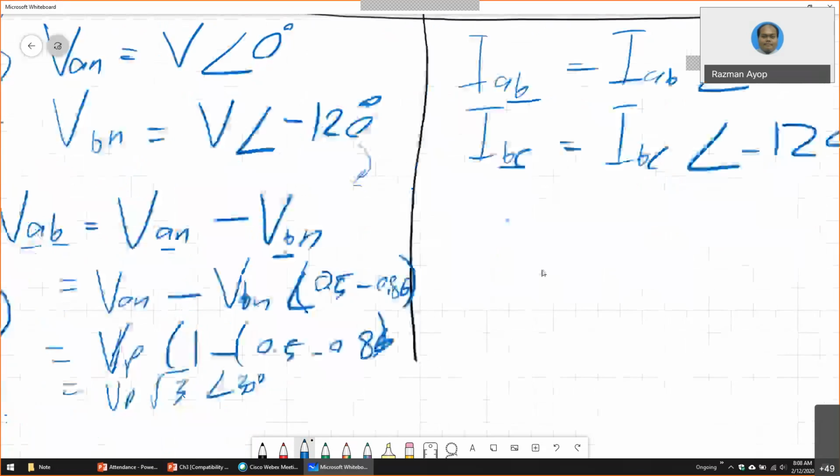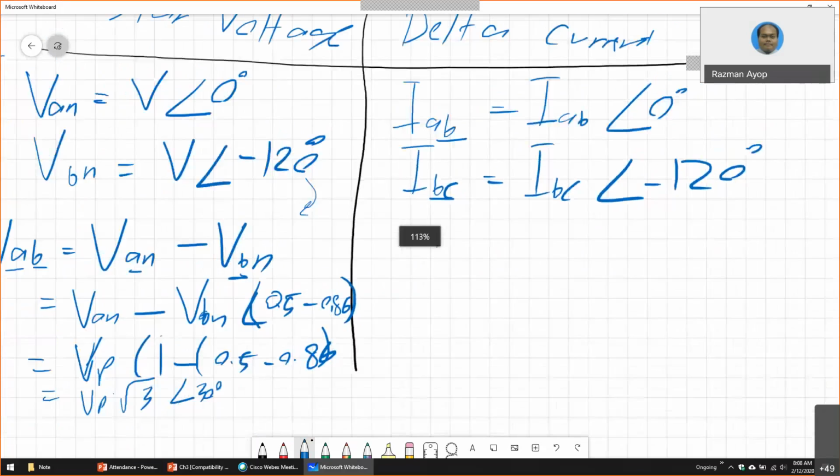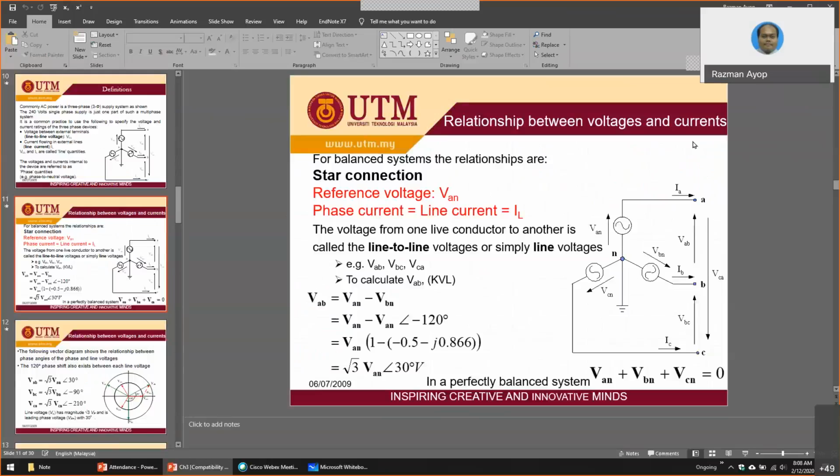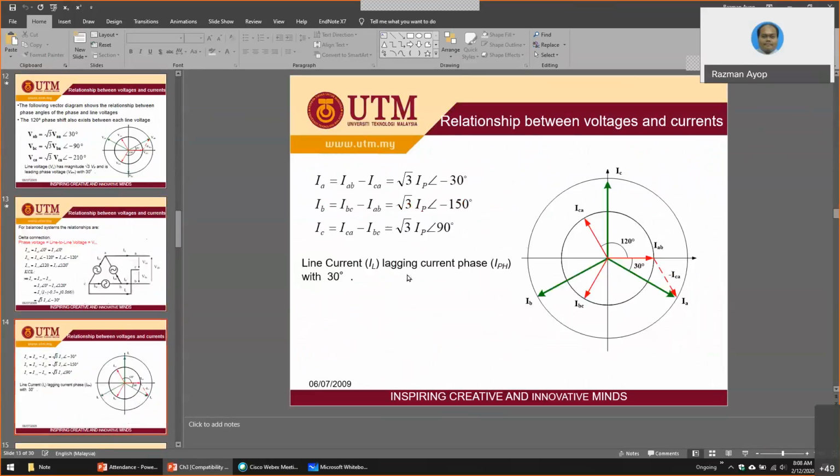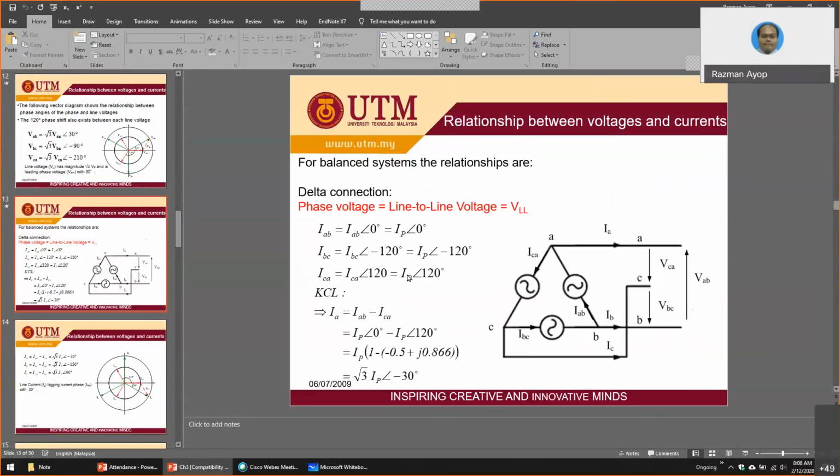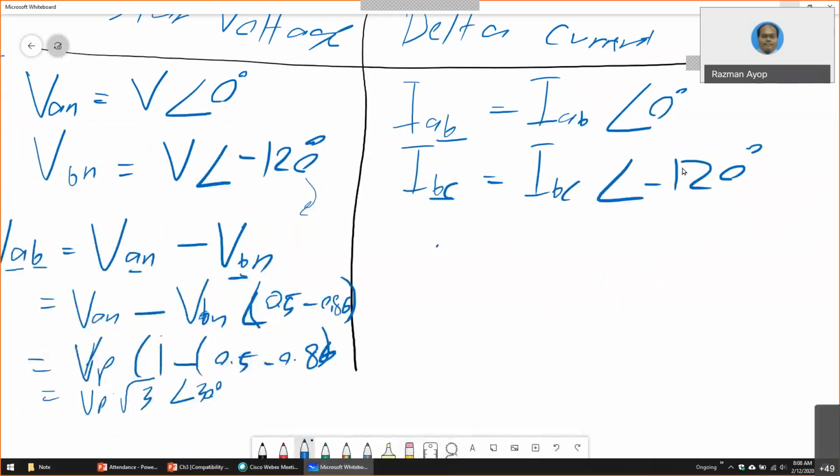If you want to know where this is, it is in the slide here. How to derive this? Basically, if you can see here, sorry, I forgot IBC.